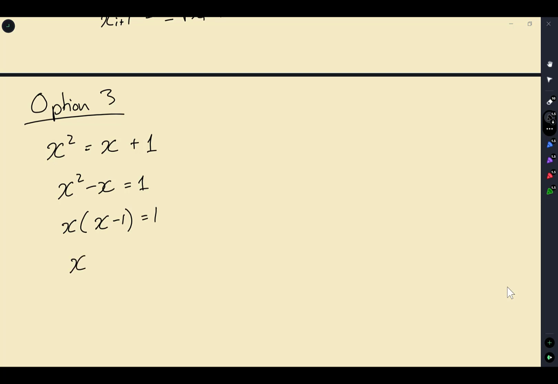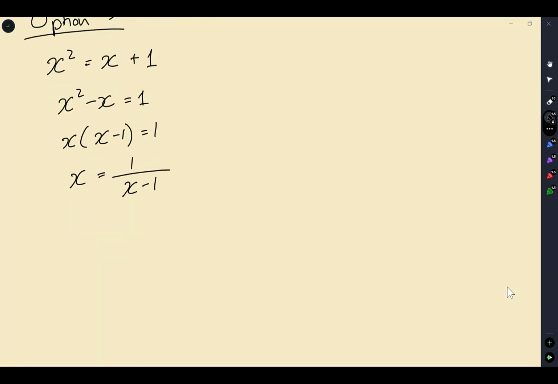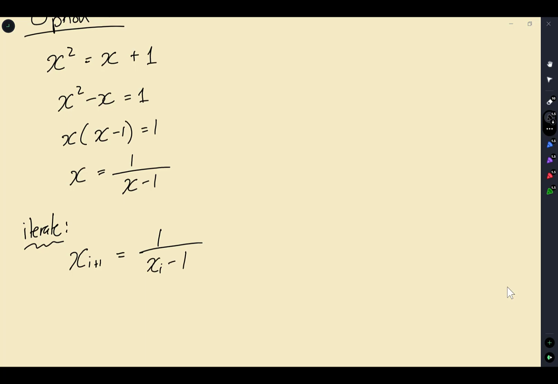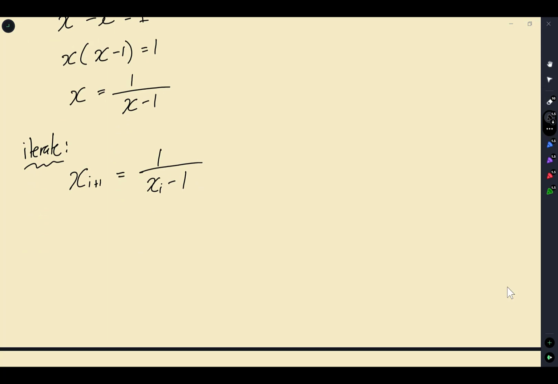Then x equals 1 divided by x minus 1. So in this case, we would iterate the function x i plus 1 equals 1 over x i minus 1, again starting with the same initial guess that we had before, x naught equals 2.